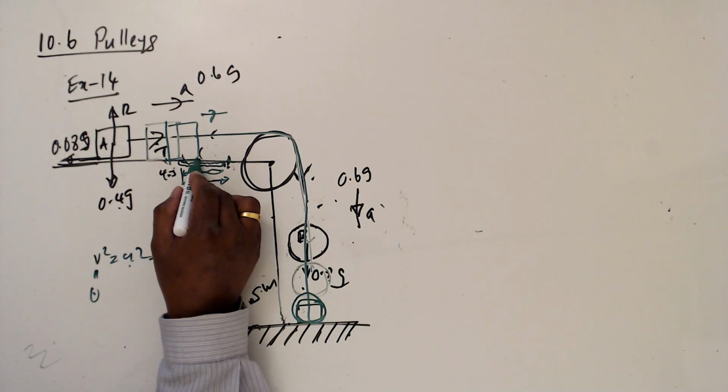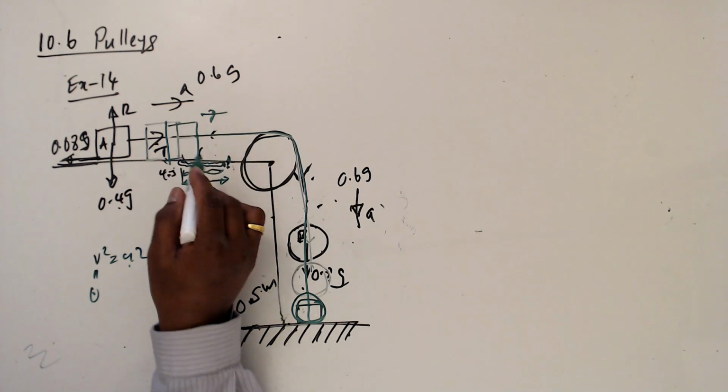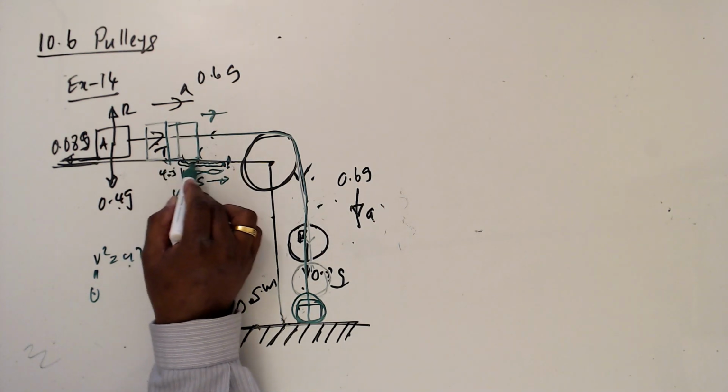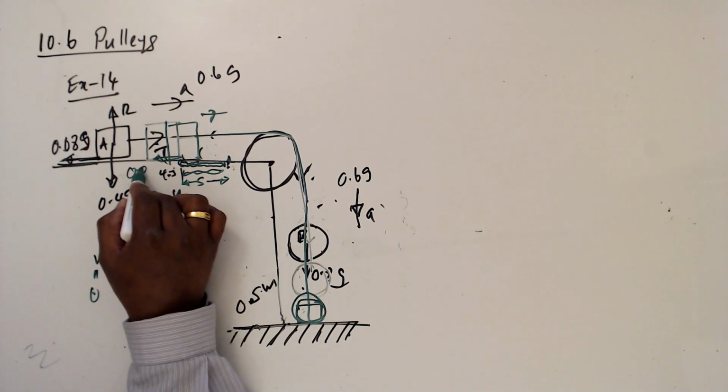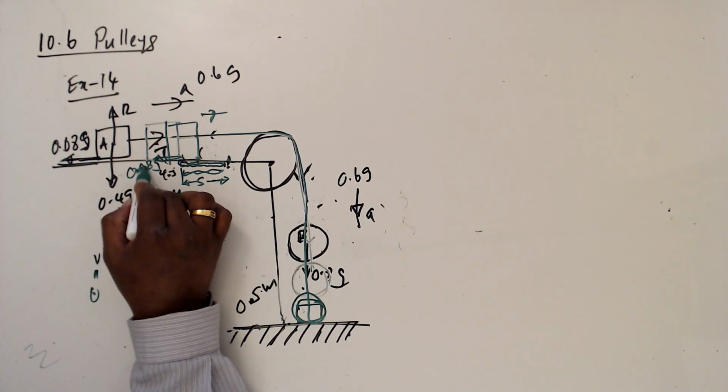Now, when there is no tension here, the particle is moving freely, and still it has this 0.08 friction force.